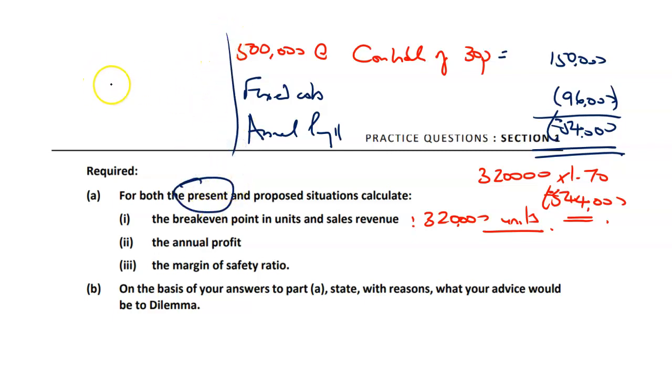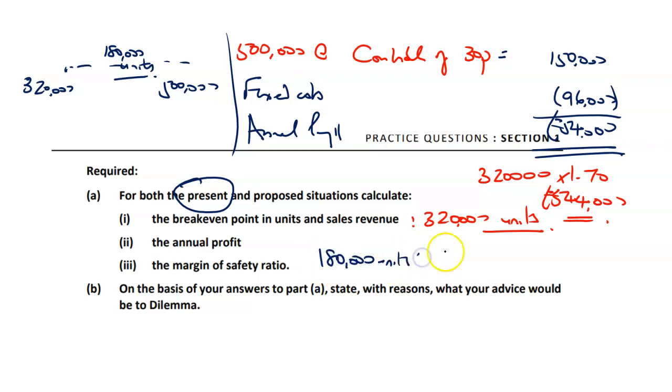So we know the break even is 320,000 units. You're hoping to make 500,000 units. So you can fall by this amount, if you like. You can fall by 180,000 units and you will hit break even, right? As a fraction, you can fall at 180,000 divided by 500,000.